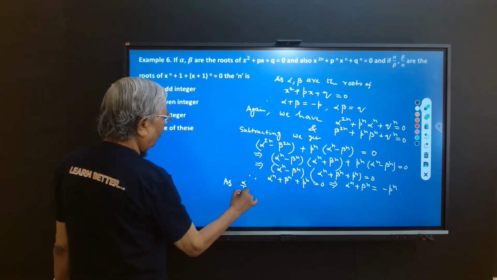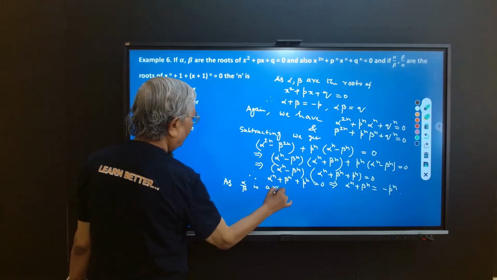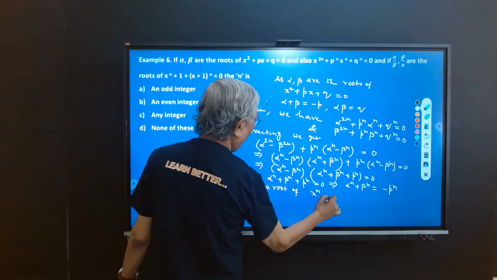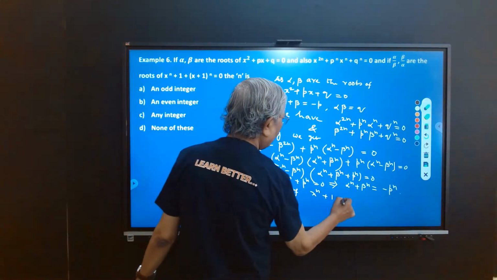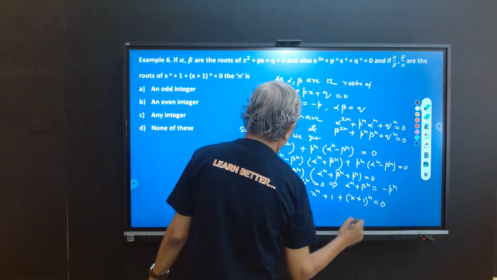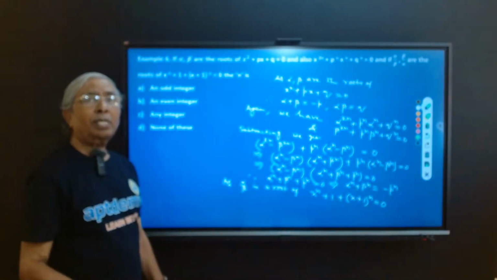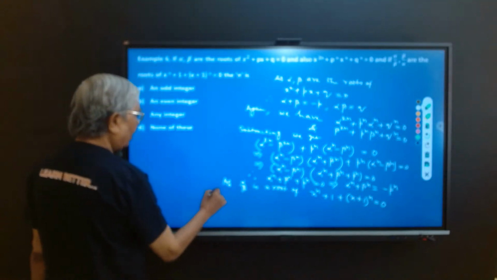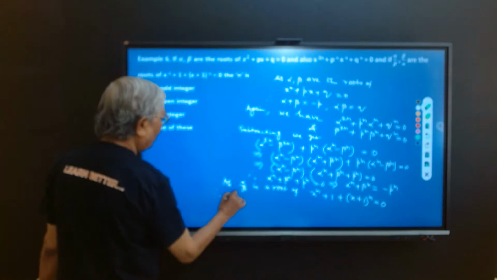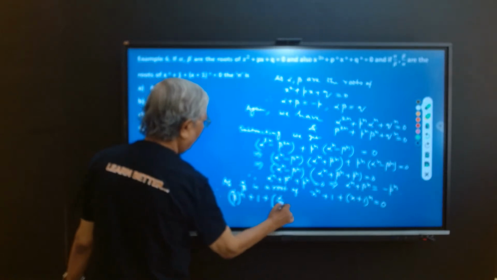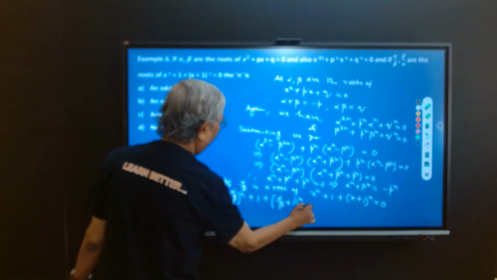So we can write, alpha by beta is a root of x to the power n plus 1 plus x plus 1 whole to the power n equals 0. Therefore, alpha by beta whole to the power n plus 1 plus alpha by beta plus 1 whole to the power n equals 0.